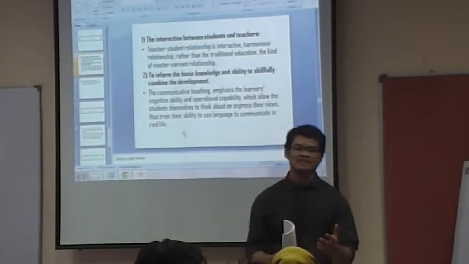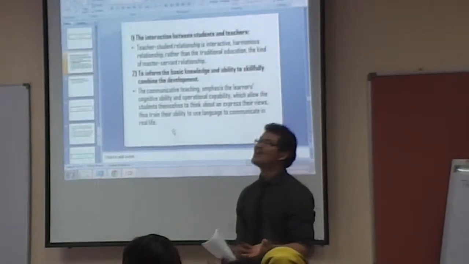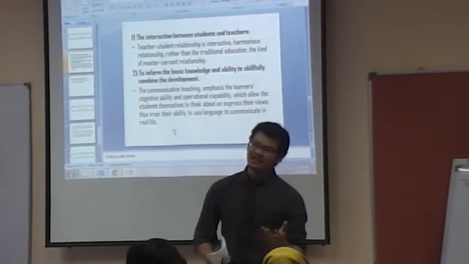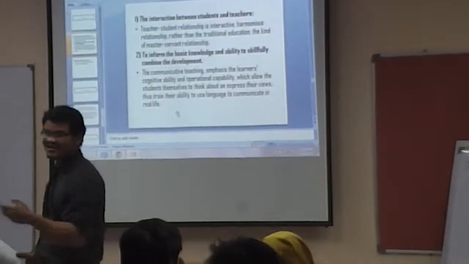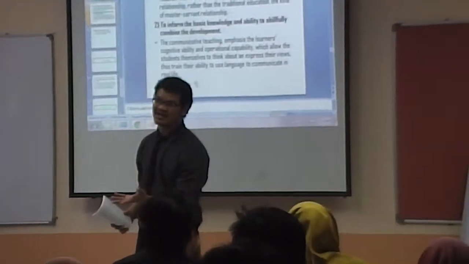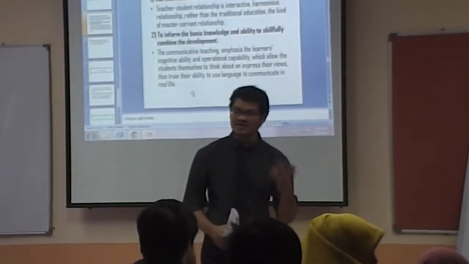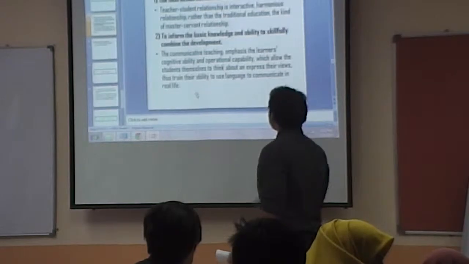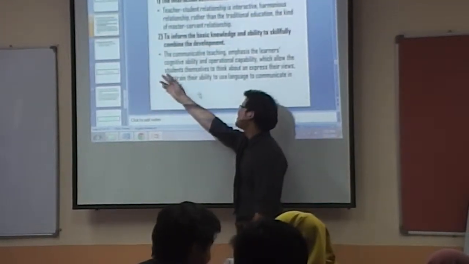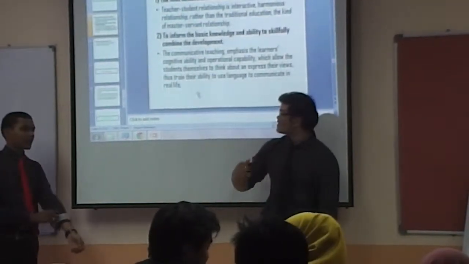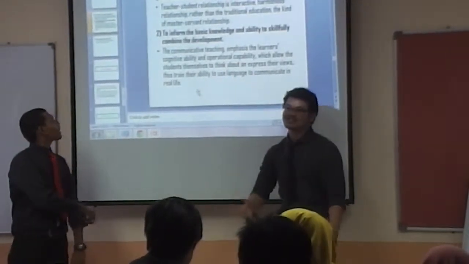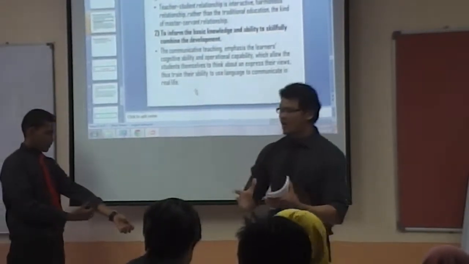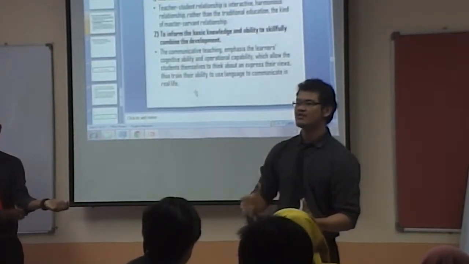It's like people who know how to drive a car but don't have the license to drive a car. If they know how to drive, they have the cognitive ability, but without the operational capability or the license, they wouldn't know how to apply the knowledge in a real world situation.